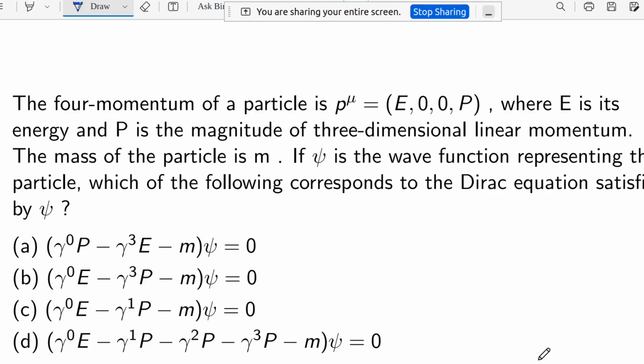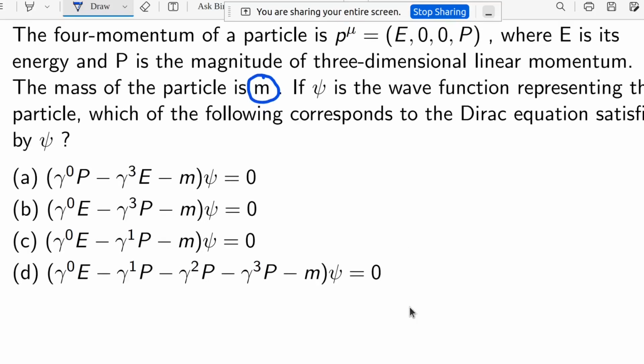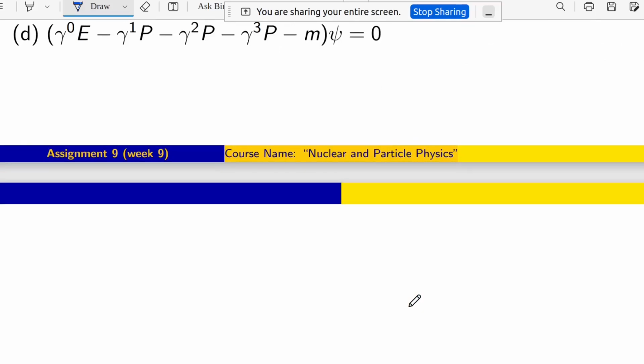If psi is the wave function representing this particle, which of the following represents the Dirac equation satisfied by psi? There are four options. So what will be the correct Dirac equation for psi?